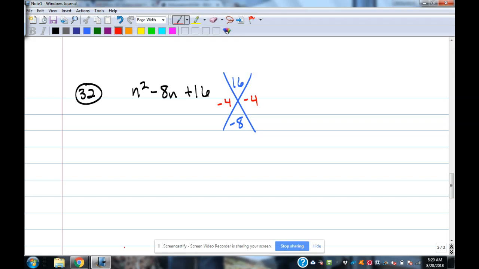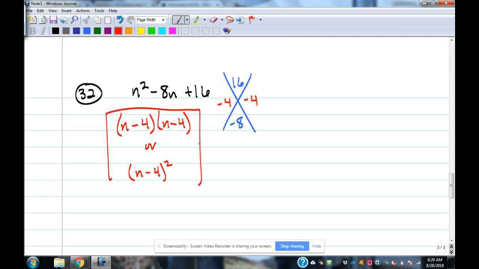Can we take our shortcut to our factors? When can we do that? Nothing in front of the n squared. Technically it's a 1 there. There's no other number there. So that lets us go to n minus 4, n minus 4. That could also be written like this.